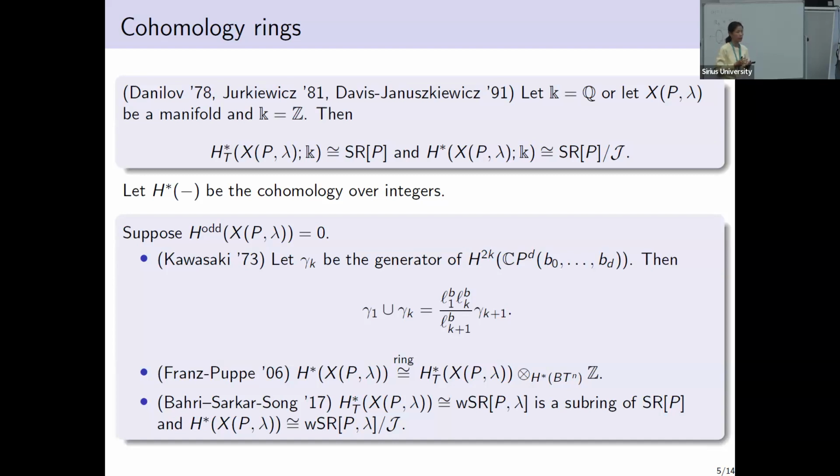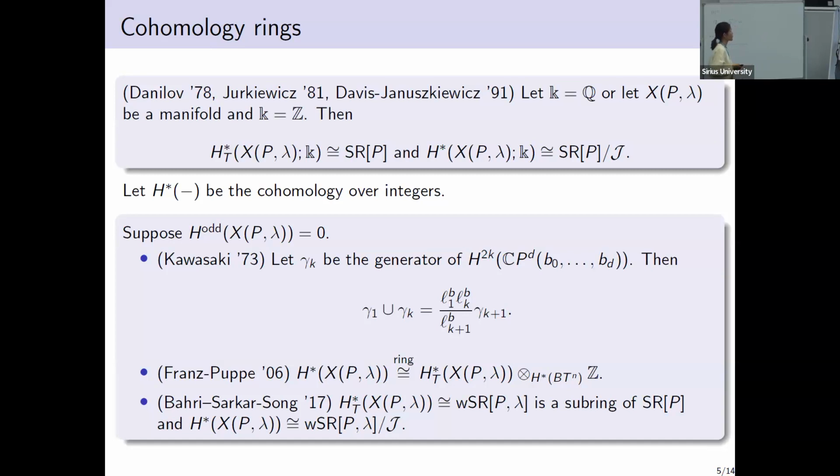Because I care about the integral cohomology, when X_P lambda is an orbifold, the known results focus on the cohomology by assuming the odd-dimensional cohomology vanishes. So in that case, dating back to 1973, Kawasaki computed the case of weighted projective space.